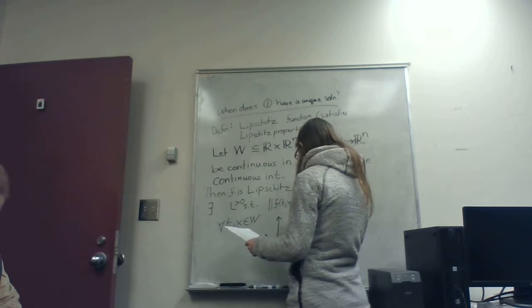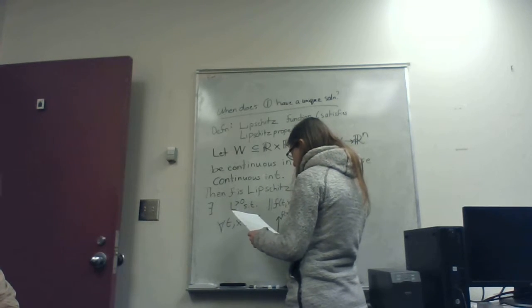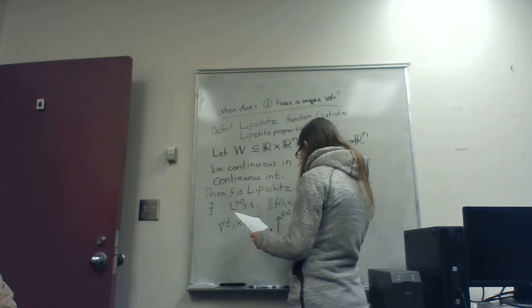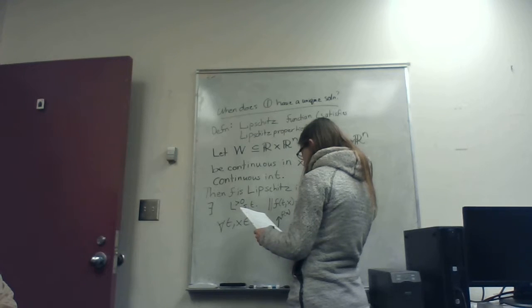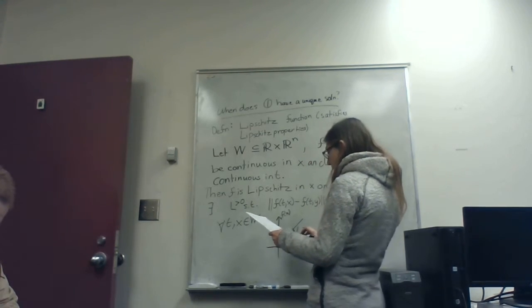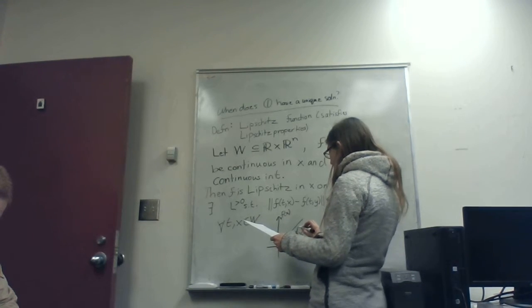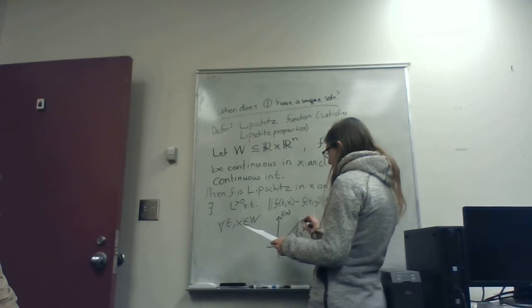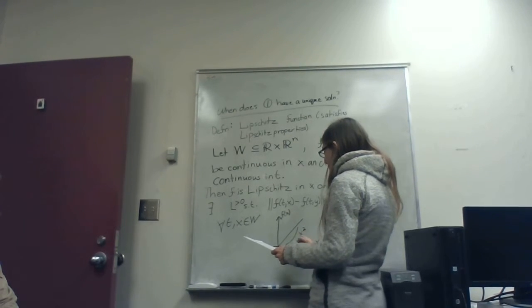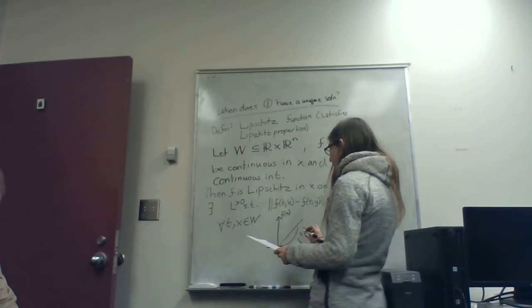So here's x, here's f of x, and imagine that I have x squared. So here's the function x squared. Say that I take some region of it. The question is, could I bound this much of x squared with a line?